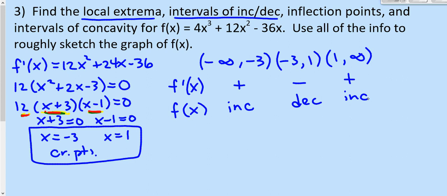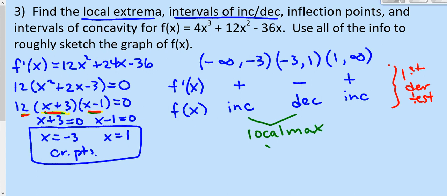Now we have enough information to use the first derivative test and to make a determination about our critical points. So x equals negative 3. It's going from increasing to decreasing, so we have a local maximum at x equals negative 3.